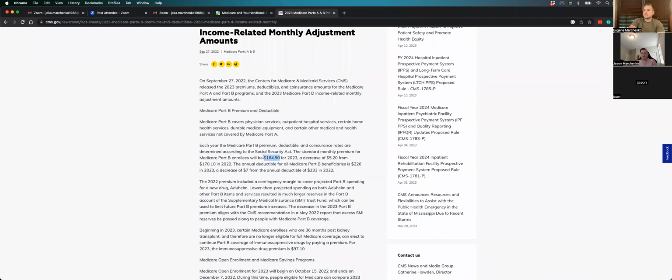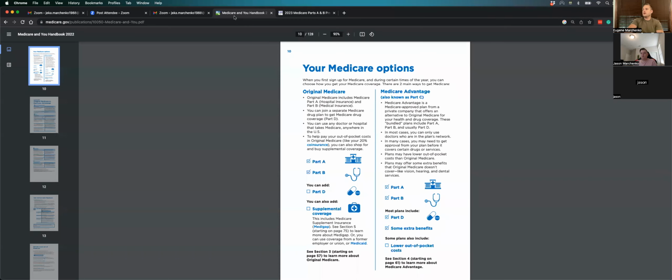This year it's $164.90 a month. So when you go on Medicare and Part A is free, Part B will get deducted out of their Social Security check for $165. Or if they don't draw Social Security, they'll get a bill in the mail for the $165. That's their insurance. They have to pay for it.